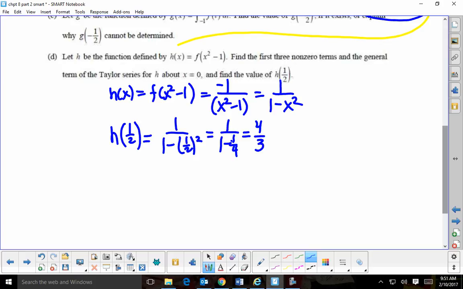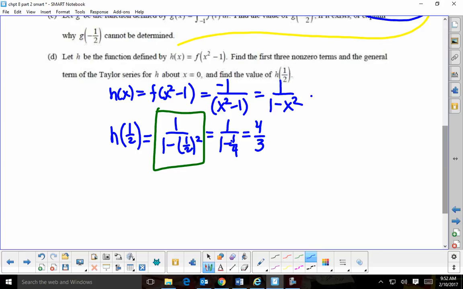Guys get 4/3. And on the AP test, should you stop there? Yes. Don't try to reduce on that AP test, okay? Everything with numbers and operations, you're good. All right. So then let's continue. It also wanted me to find the first 3 non-zero terms of the general term.